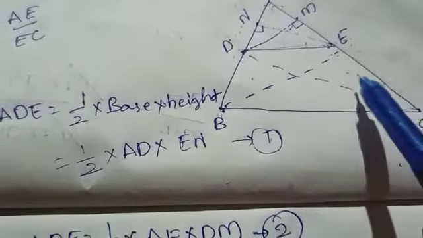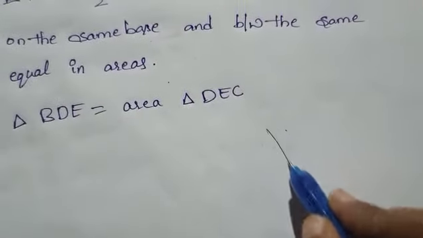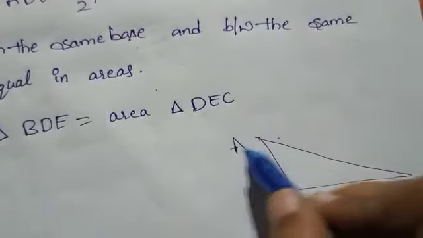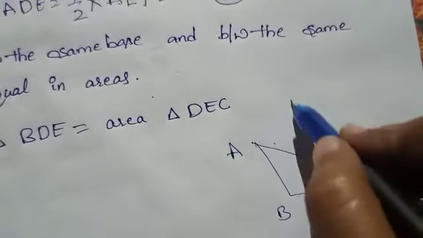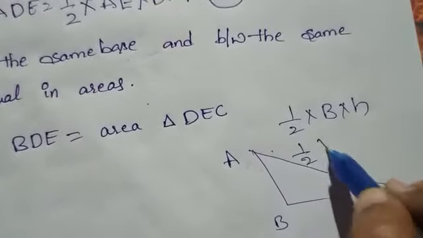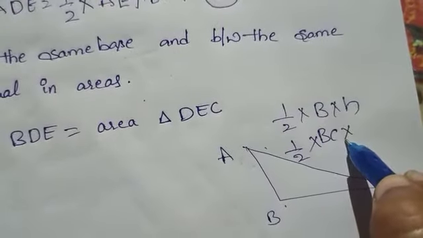What is the area of the obtuse triangle? See, suppose this is the obtuse triangle ABC. What is the area of obtuse triangle? Half into base into height. Here base is BC. What is the height?